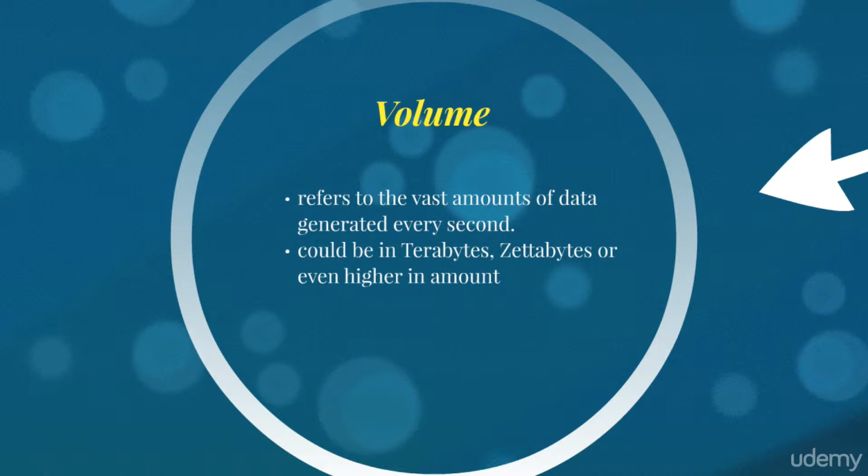They are not in terabytes but zettabytes or even higher in amount. This increasingly makes datasets too large to store and analyze using traditional database technology. With big data technology, we can now store and analyze these data with the help of distributed systems, which make computing easier and faster.